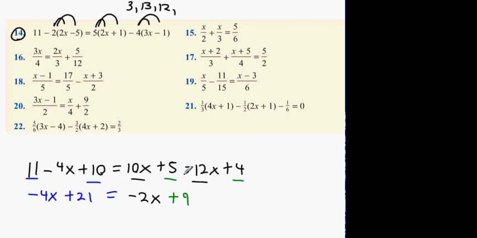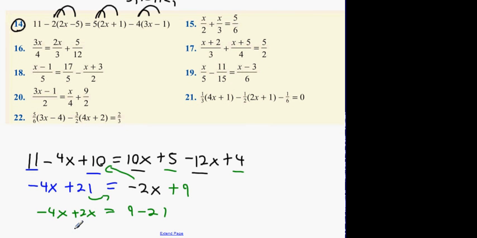So, Paddy, 2x to the left, what does it become? Plus 2x, well done. The 21 to the right? Minus 21. And then what's minus 4x plus 2x? Minus 2x. And what's 9 minus 21? Minus 12, right?